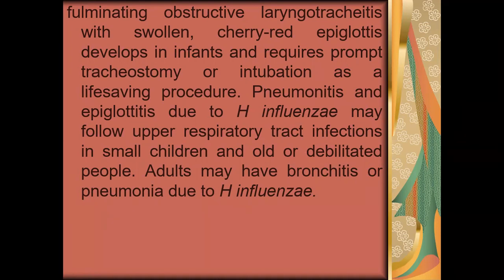In small children and old or debilitated patients, and immunocompromised patients, adults may have bronchitis or pneumonia due to Haemophilus influenzae. But these cases are decreasing gradually due to use of the vaccine.